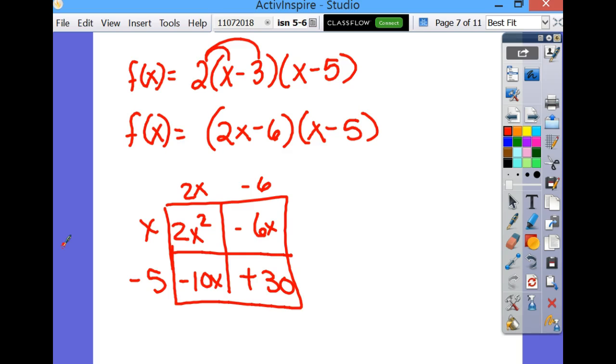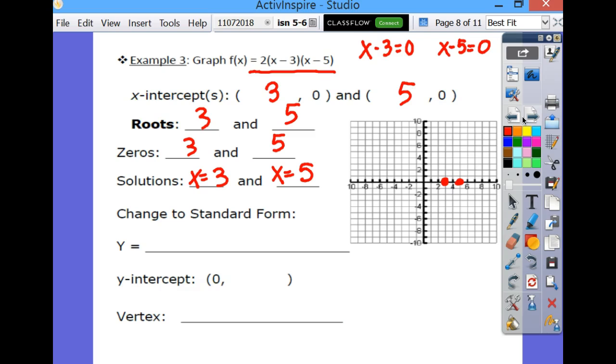And then you combine like terms, and you will get 2x squared minus 16x plus 30. To put a factored problem into standard form, you use a box problem or FOIL to multiply it out.